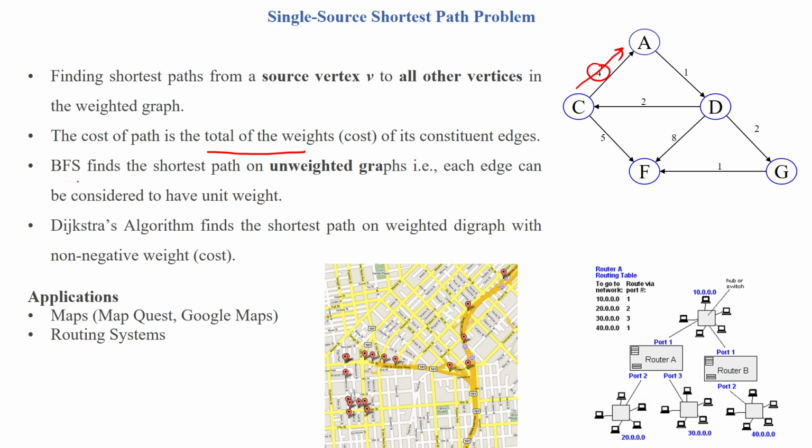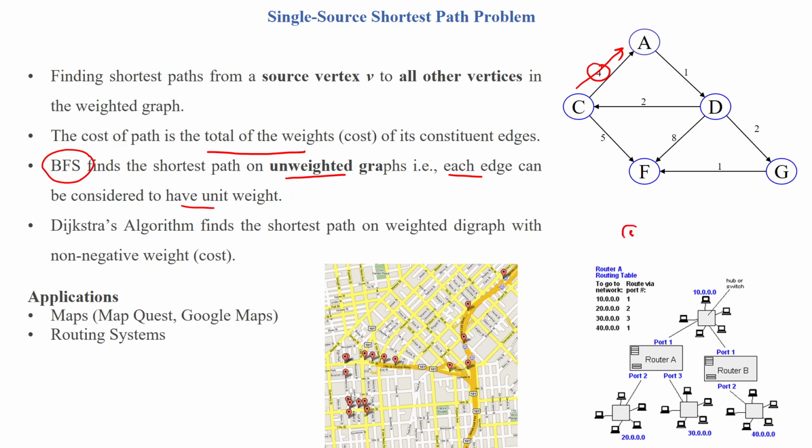Here, for finding the single source shortest path to all other vertices, we can use a breadth first search algorithm for unweighted graphs. Here, each edge can be considered to have unit weight. Suppose there is no weight given to the graph.